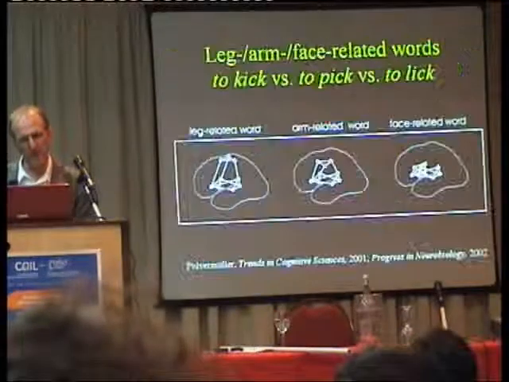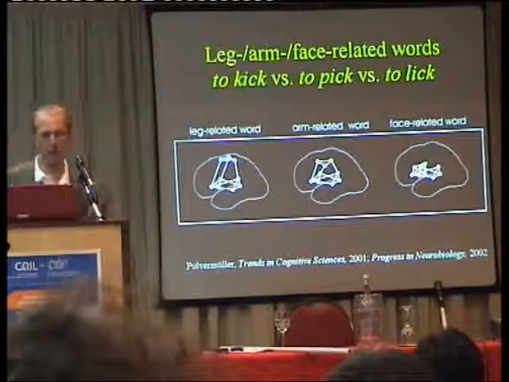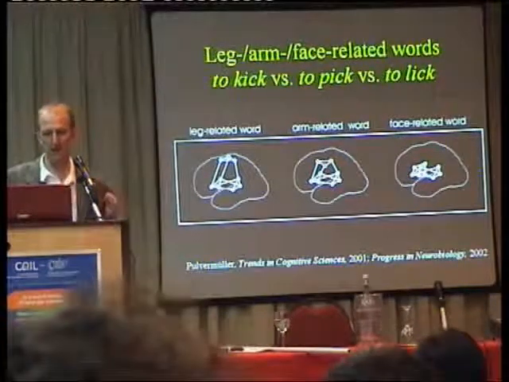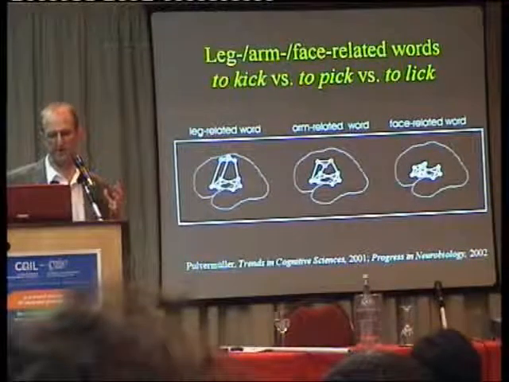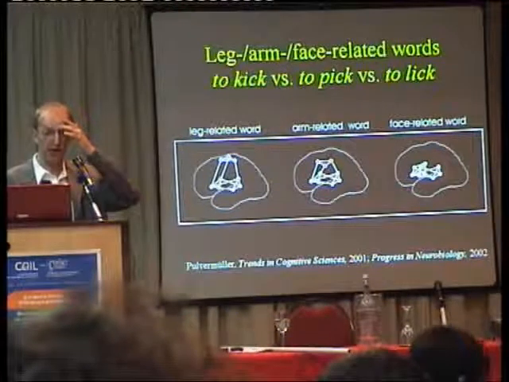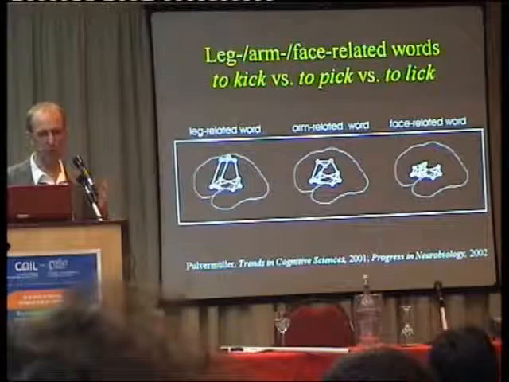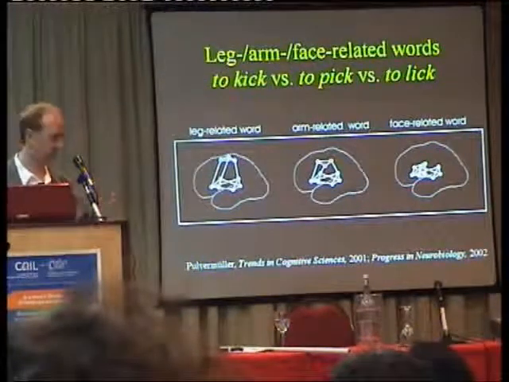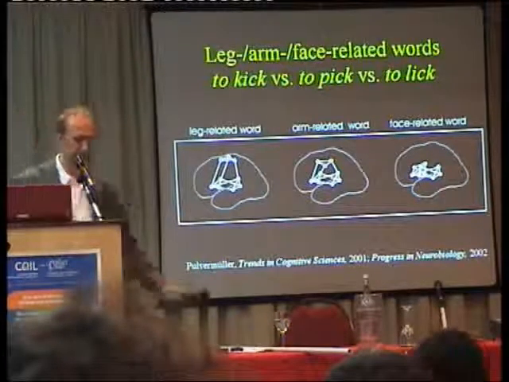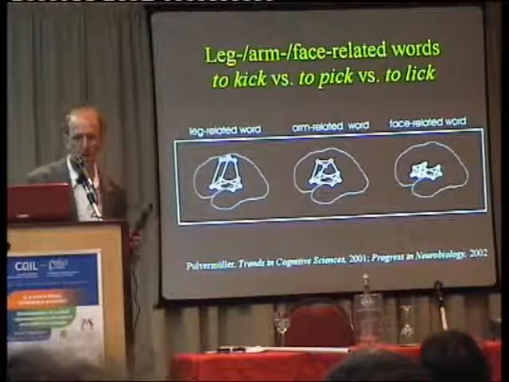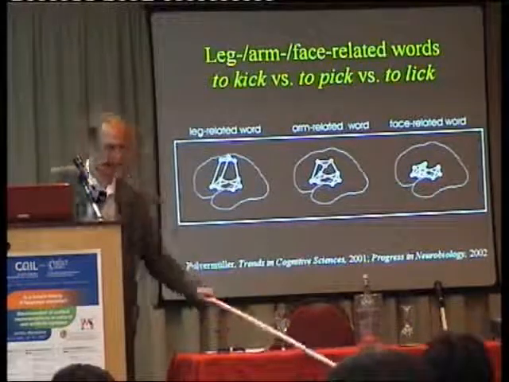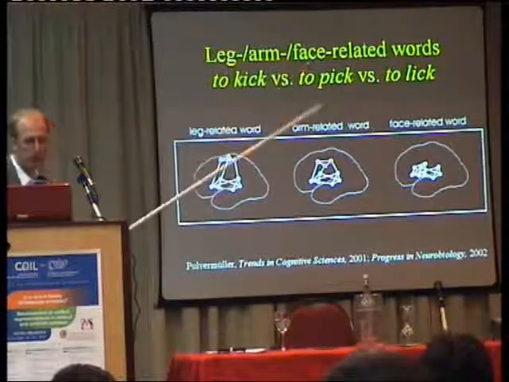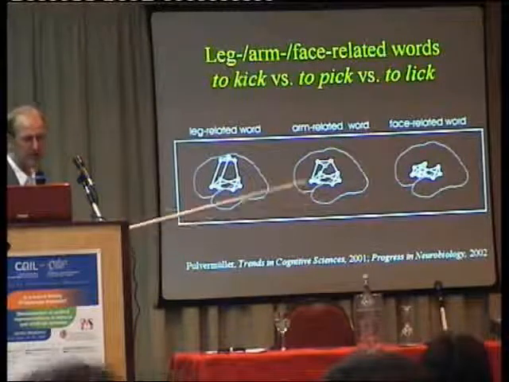So from that perspective, correlation theory of lexicosemantic processing predicts that the semantic parts of the cell assemblies that process words that refer to actions done with different parts of the body, those networks, those word webs, would actually differ in their cortical distribution.